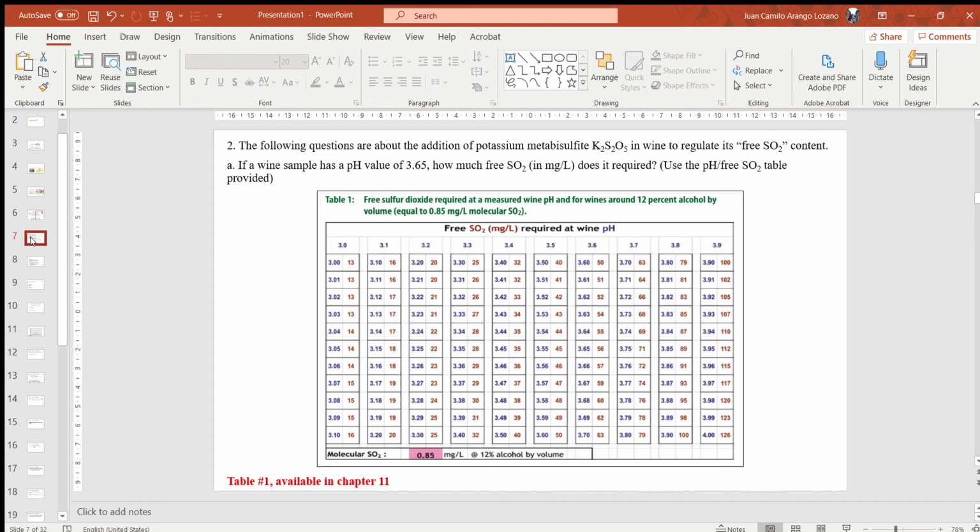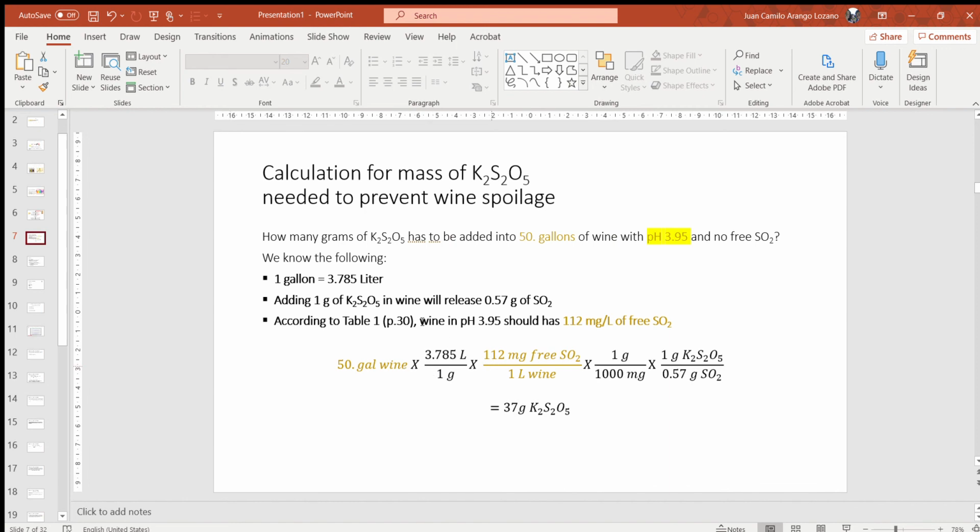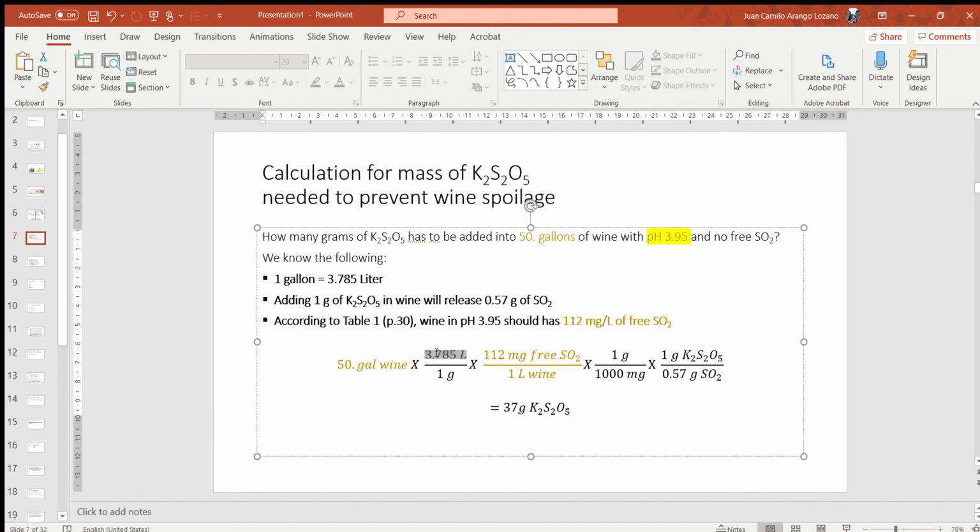Coming back here, so that table tells me that I should have 112 milligrams of free SO2 per 1 liter of wine. So once I change from gallons to liters, it's just relating those liters to get the amount of milligrams I should have for this volume.